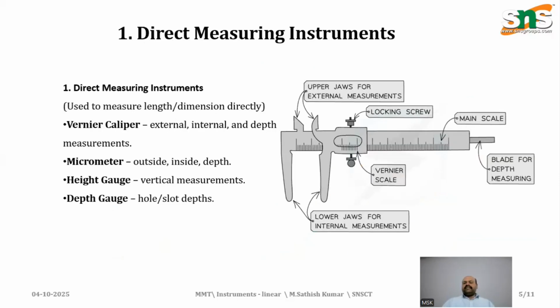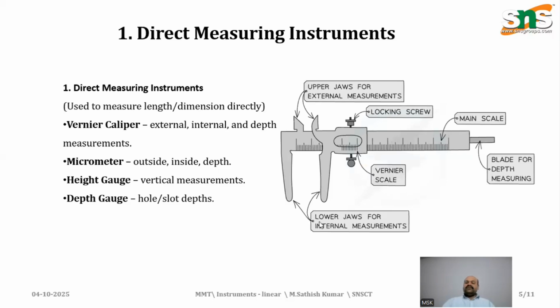Coming to the classification of measuring instruments, we classify linear measuring instruments in three categories. One is direct measuring instruments. You can see a small Vernier caliper diagram here. Right from the 6th standard, we are introduced to this.